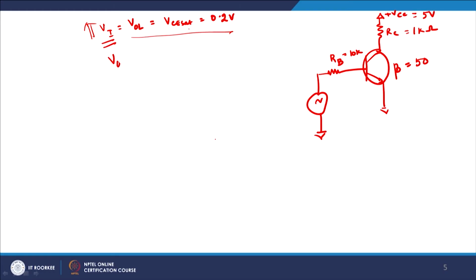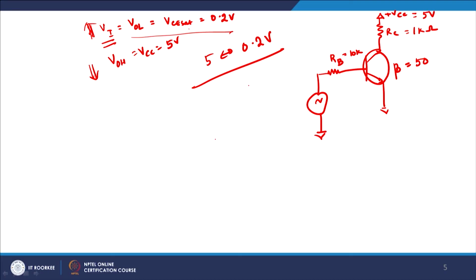Similarly, when the input is low, I get VOH equals VCC equals 5 volts. So, when your input is low, your output is VOH, almost equal to VCC, and when your input is high, output is low, almost equal to VCE sat. So, the swing is from 5 to 0.2 volts. This is the swing in the voltage domain which you see when you have such a system available.